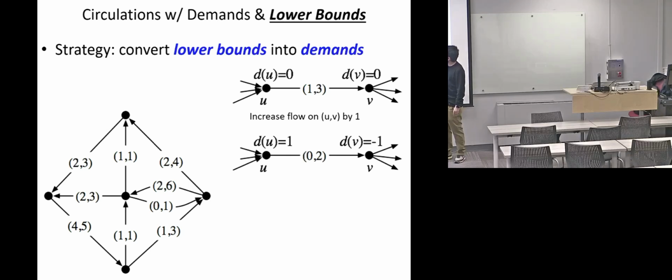But now I will set the demand here to be 1 and the demand here to be -1. Why does that make sense?